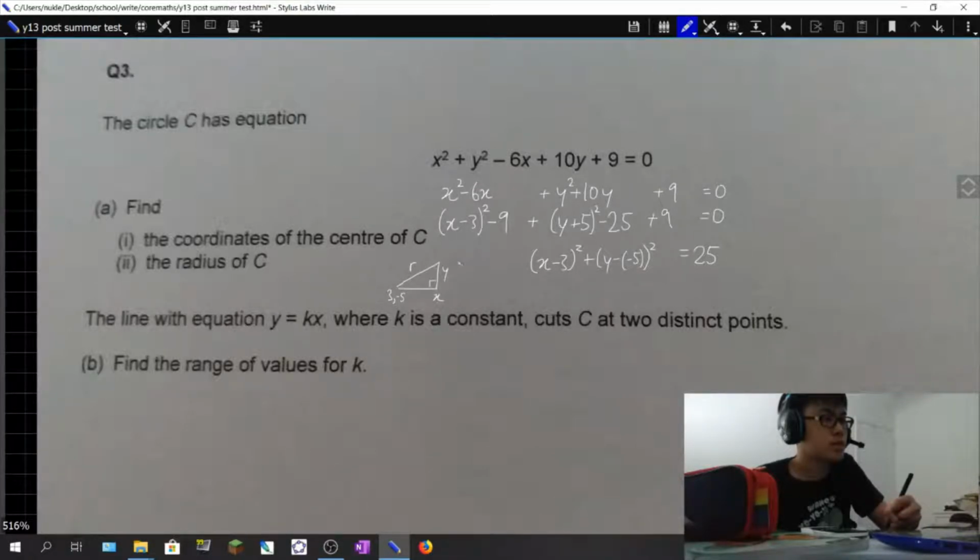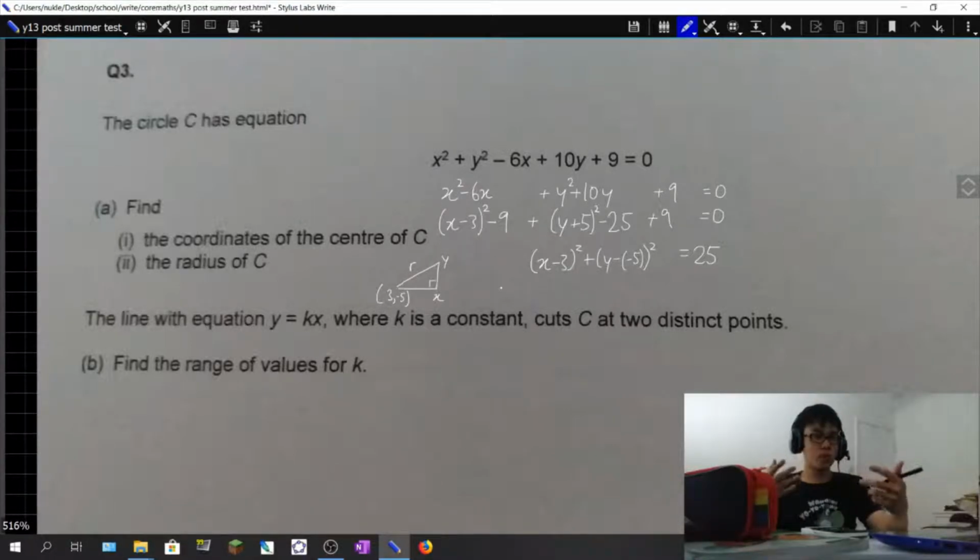That's your x, and that's your y. So x would be some distance away from 3, and that distance is going to be x minus 3. And y is going to be some distance away from negative 5, so that's going to be y minus negative 5. And then you square both of them, and then you add them together. And then you take the square root, and then you're going to have the radius of the circle.